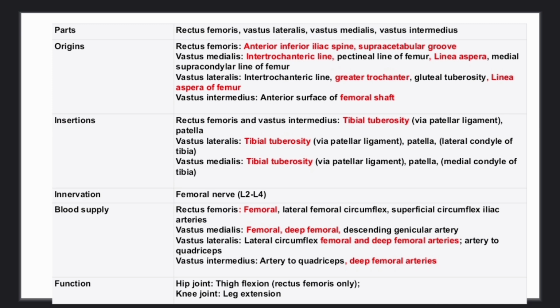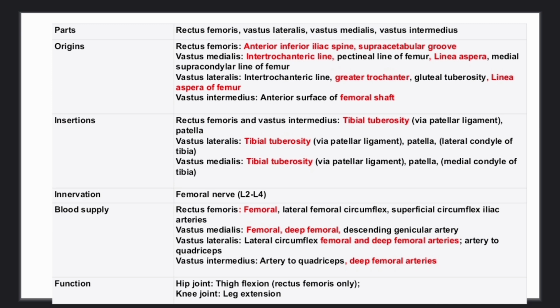Okay, and vastus medialis originates from the intertrochanteric line and the linea aspera of the femur, and vastus lateralis originates from the greater trochanter and the linea aspera of the femur. Then vastus intermedius originates from the anterior and lateral surfaces of the shaft of the femur.